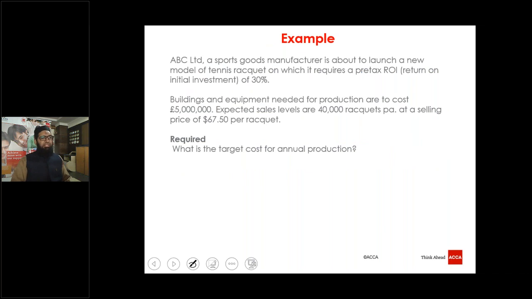Now, let's see the example. ABC Limited, a sports goods manufacturer, is about to launch a new model of tennis racket on which it requires a pre-tax ROI, return on investment, of 30%. Building and equipment needed for the production are to cost $5 million.